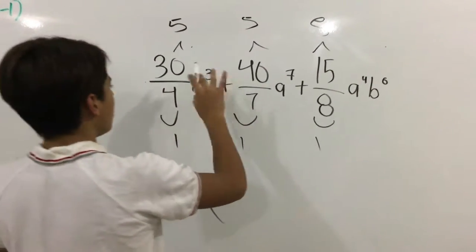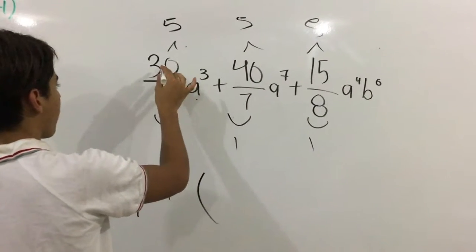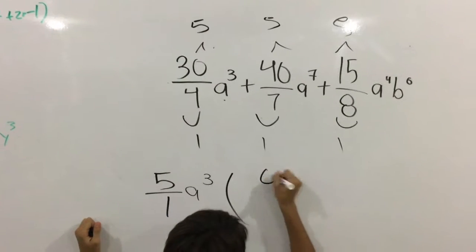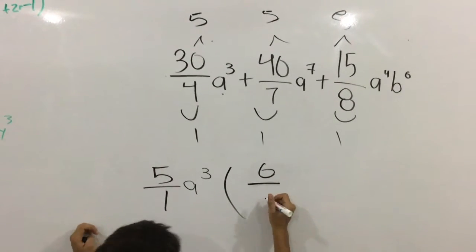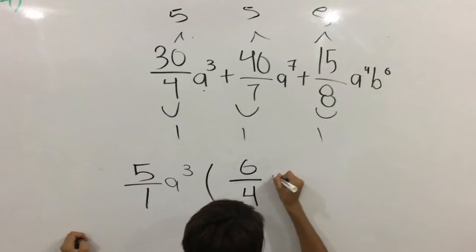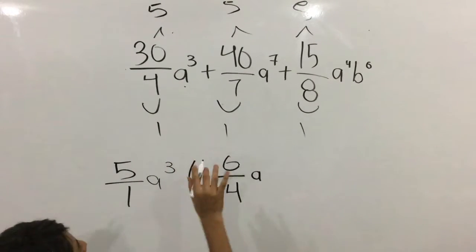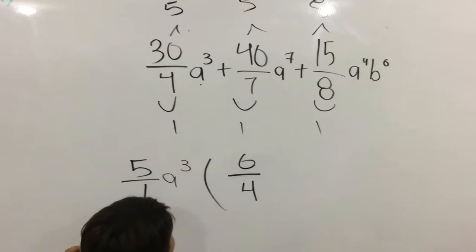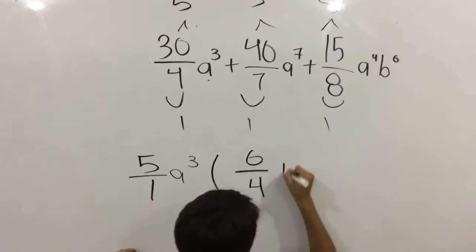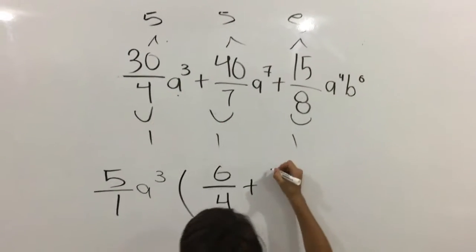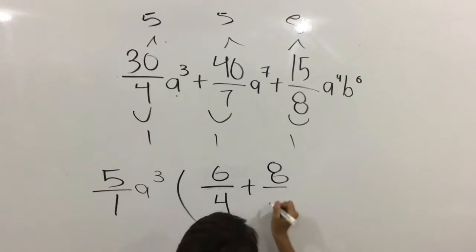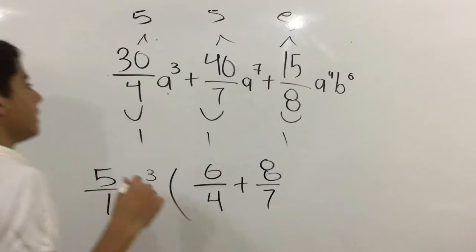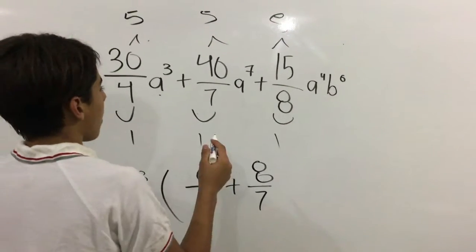We need to see which factor is from up. Now from 30 it would be 6, and from down 4. In exponents we can see these are the same, so it would be 9. Now from 40 we got 8, and from down we got 7. Now the exponent is coming here.